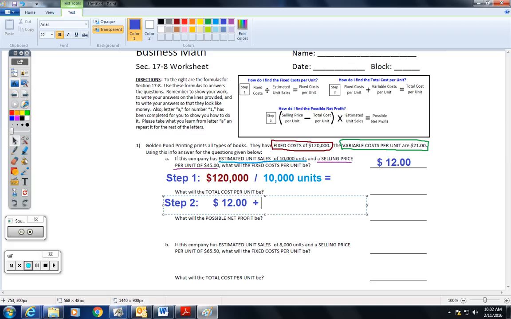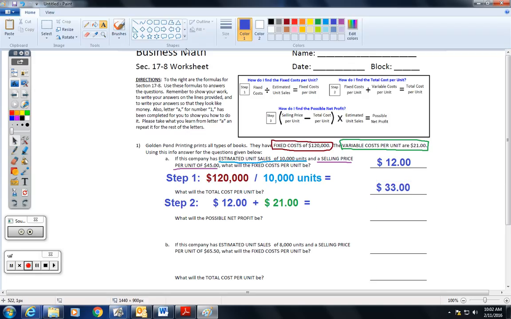And now we're going to add that to the variable costs that we see. The variable costs are $21. You see, we're going to spend $21 in variable costs for every book we make. So I add all these up, and I get $33.